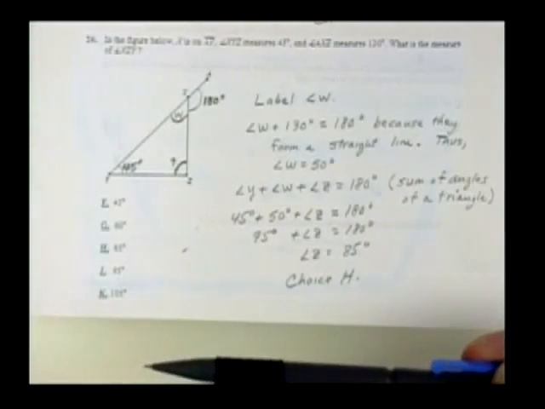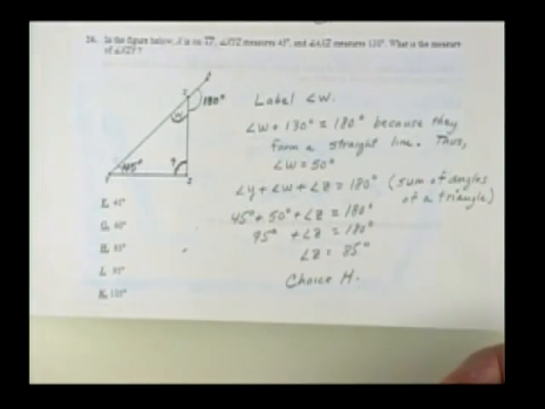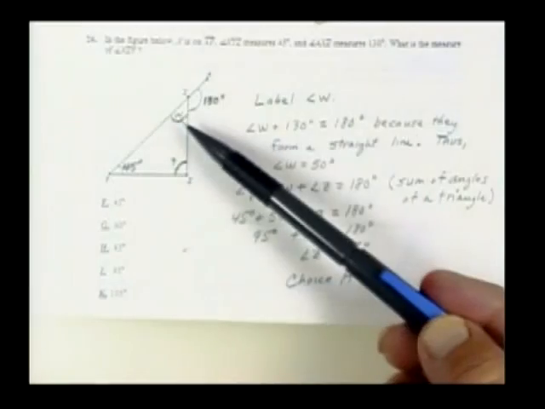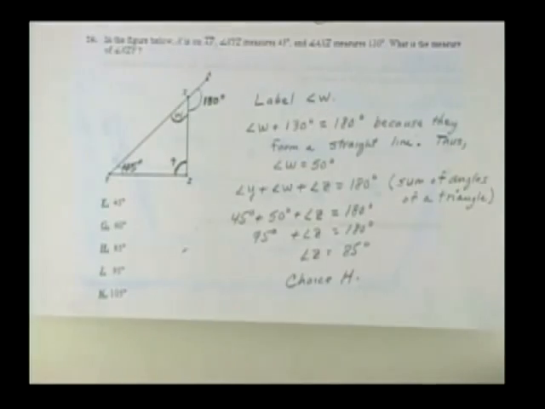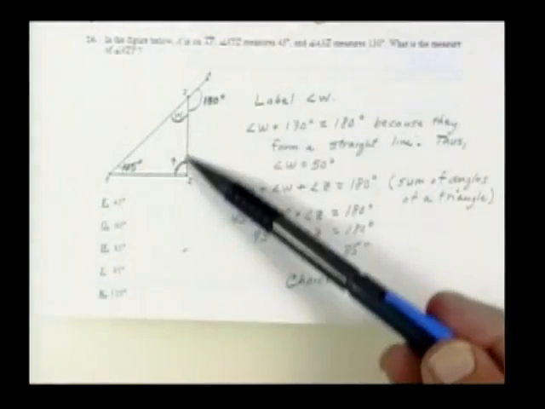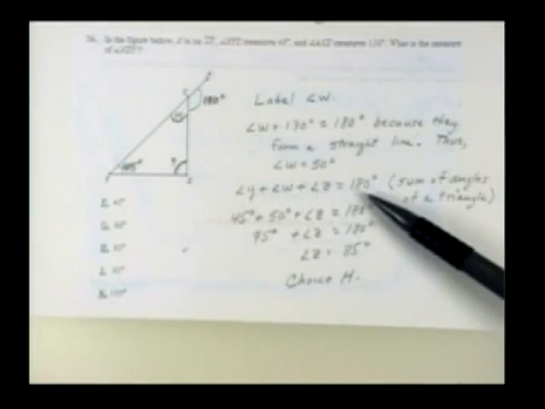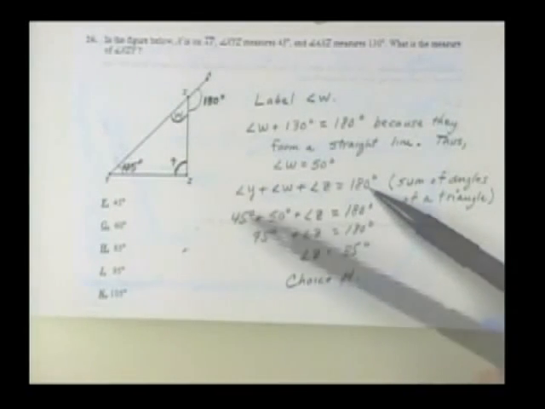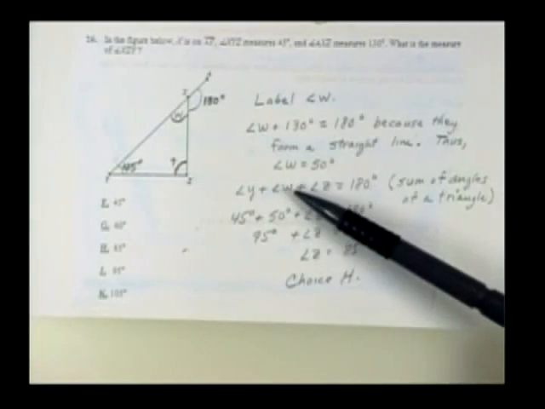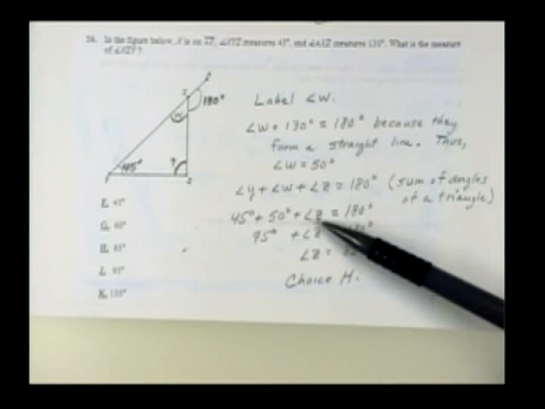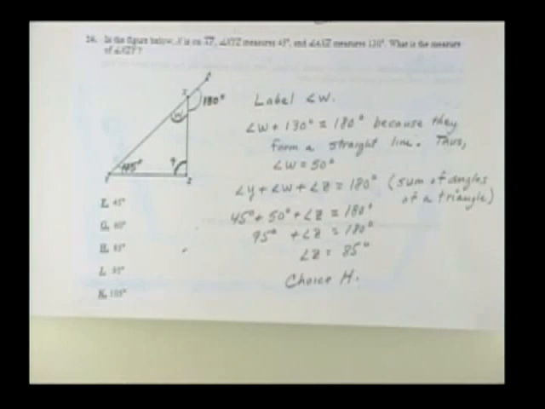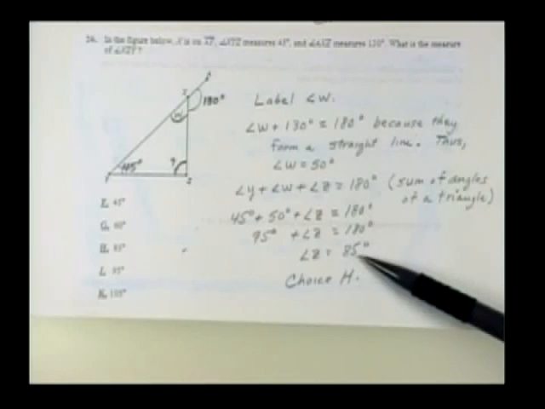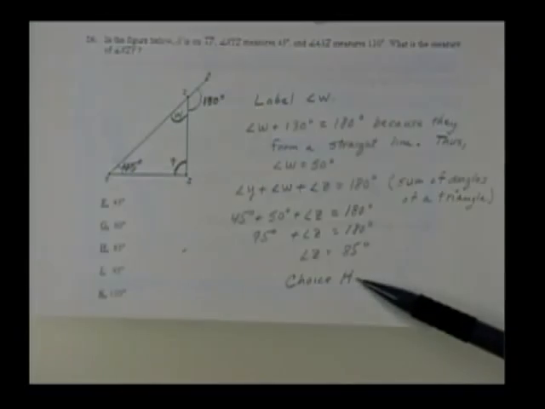Label angle W. Because these two angles form a straight line, their sum is 180 degrees, so angle W becomes 50 degrees. The sum of the interior angles of this triangle forms 180 degrees. Because angle Y equals 45 degrees and angle W equals 50 degrees, we can solve this equation for angle Z. Angle Z becomes 85 degrees, choice H.